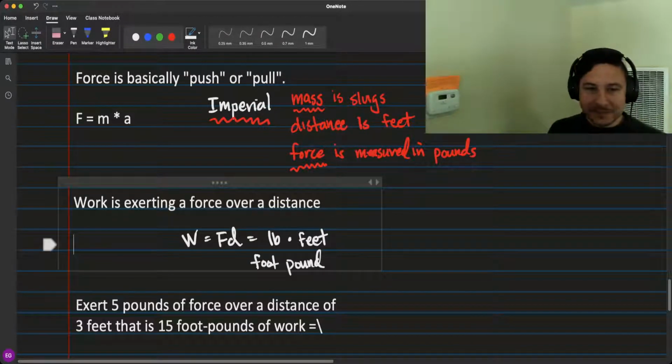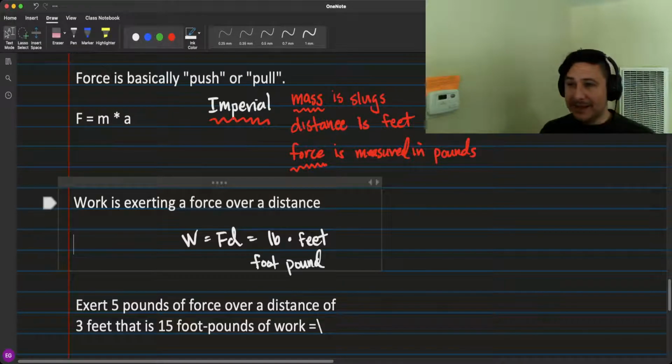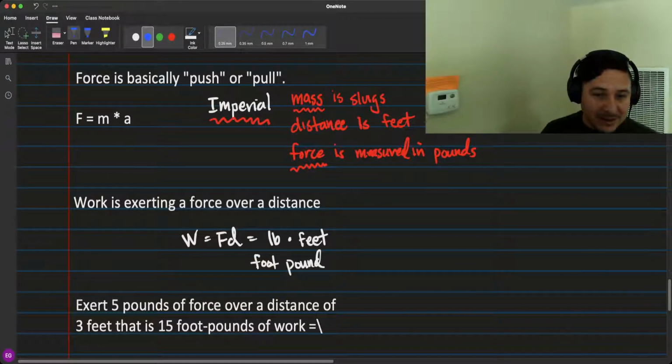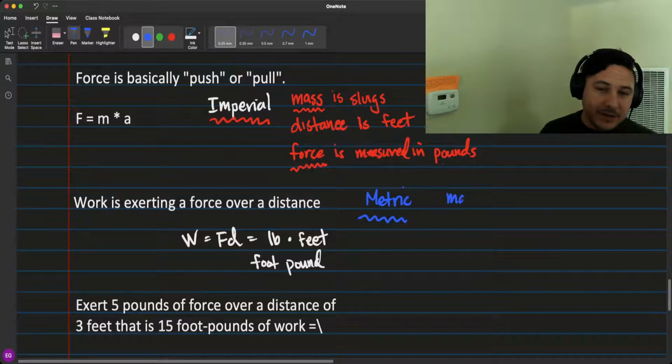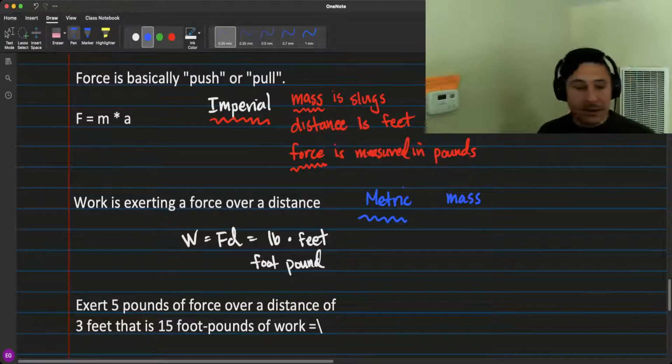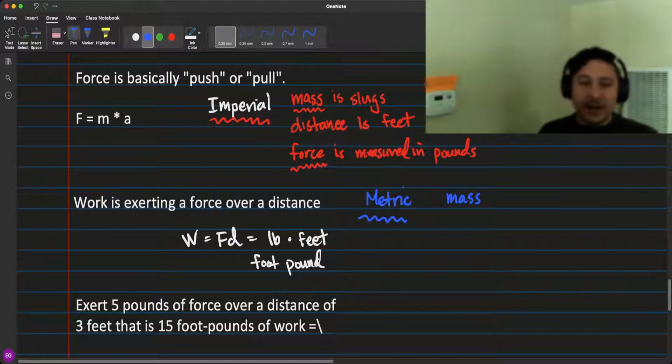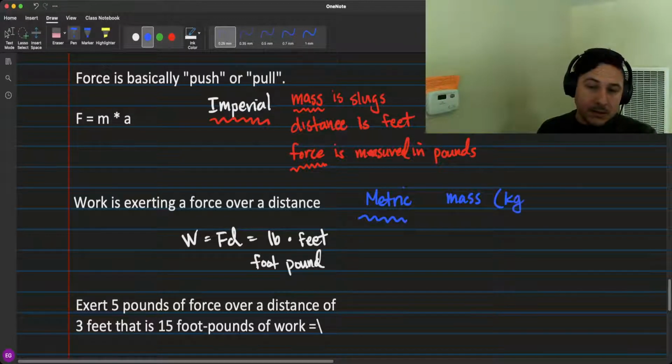Okay. So now let's talk about the metric system. What do you measure mass in for the metric system? Yeah, kilograms or grams. What do you measure distance in?